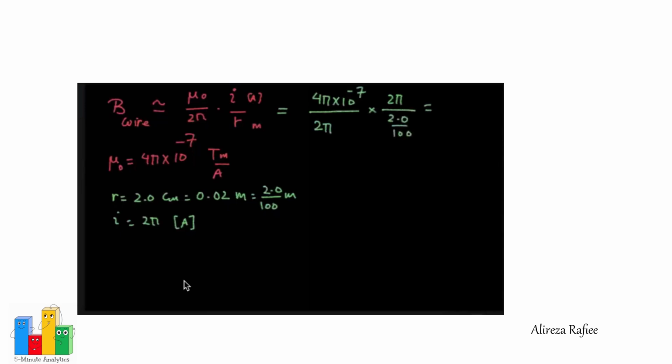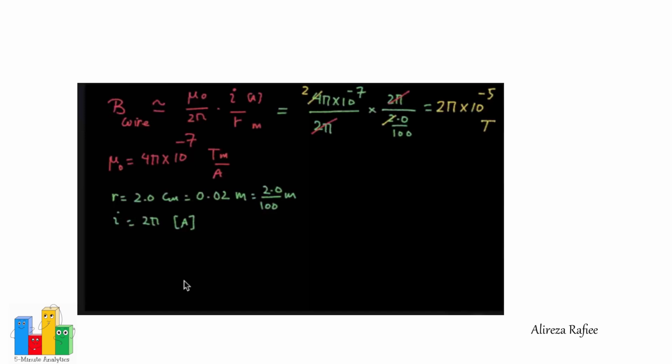So this will simplify: this 2 pi cancels this 2 pi. And so we will have 4 pi, this 4 cancels this 2, I will have 2 pi, and this 100 comes to the numerator, multiplies by 10 to the minus 7, gives me 10 to the power of minus 5 Tesla.